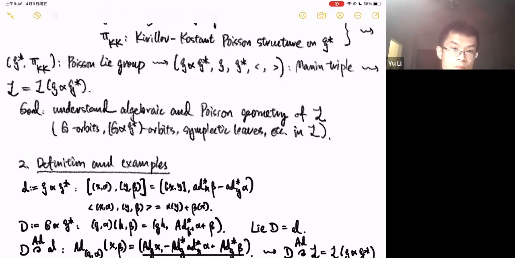For today, my goal will be much smaller than this. I'll look at a closed subvariety of L, which is the wonderful compactification of a Cartan, and discuss various geometric properties.